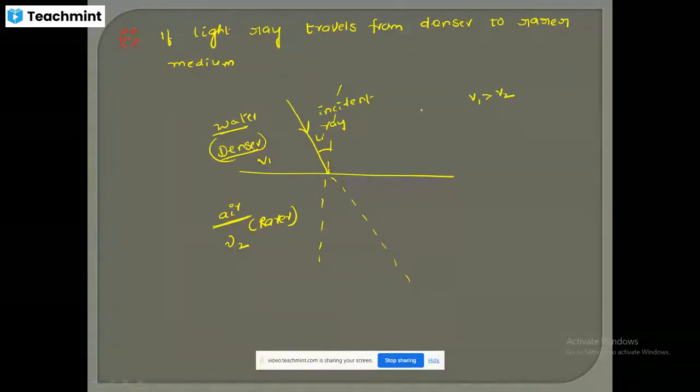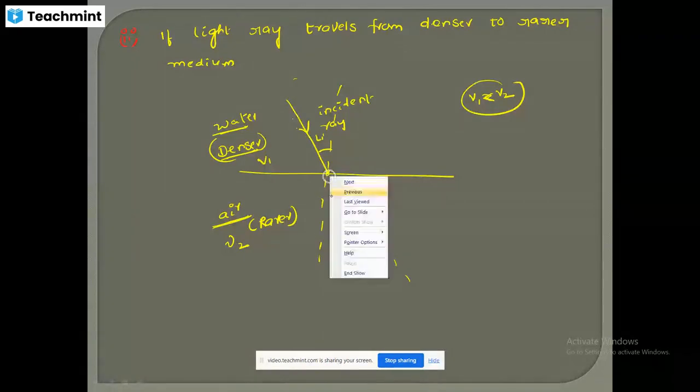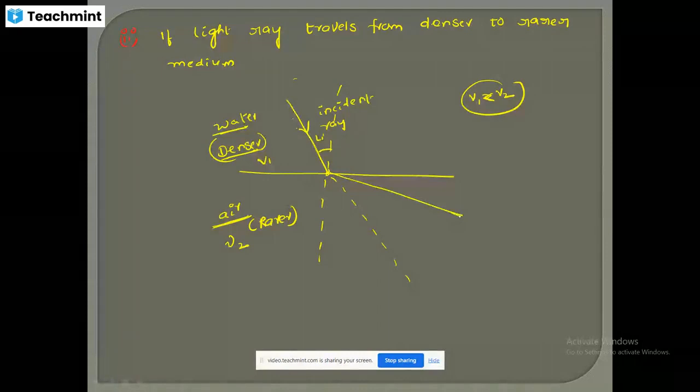So V1 is less than V2. Whenever the light enters from denser to rarer, the velocity increases. The velocity of light is less in the water medium, where it initially was. The moment it enters the rarer medium, the velocity of light increases. That's why it moves away from the normal.